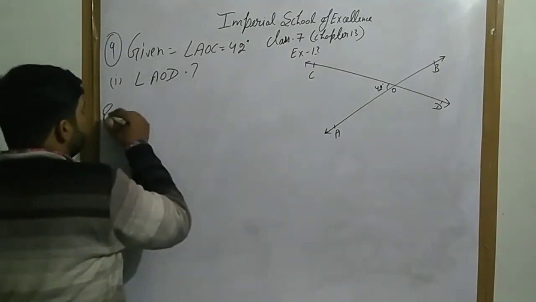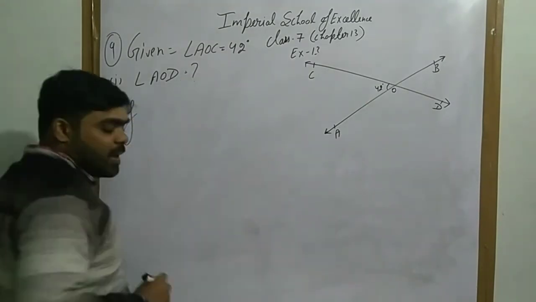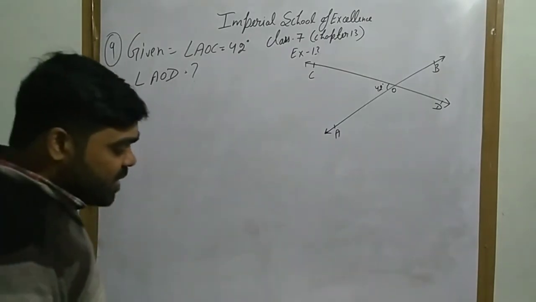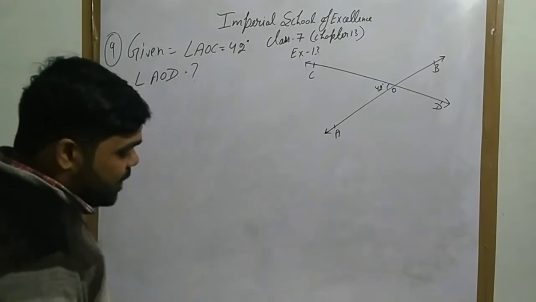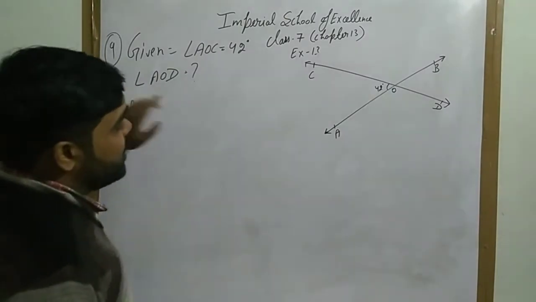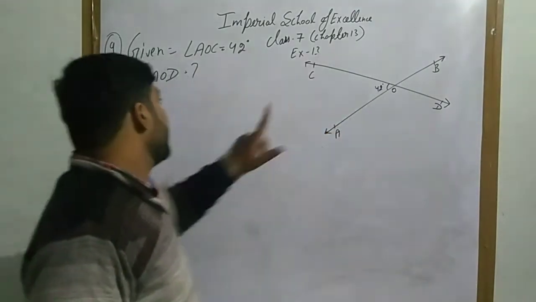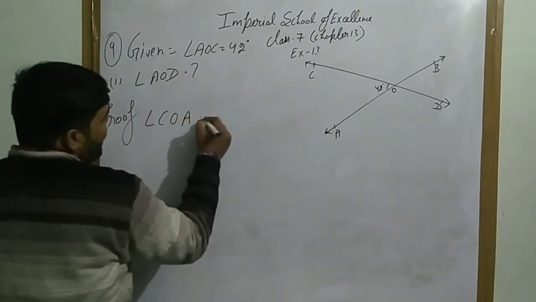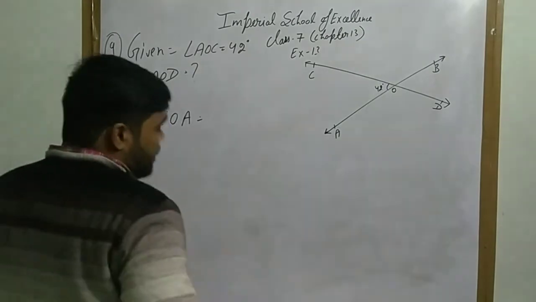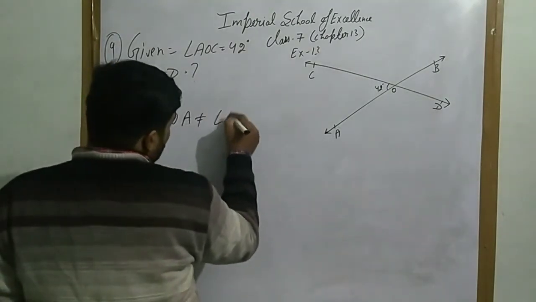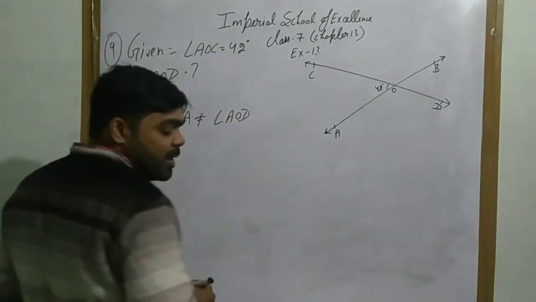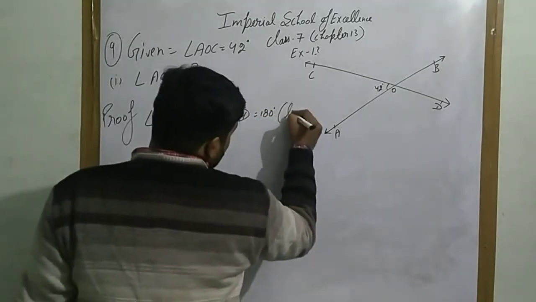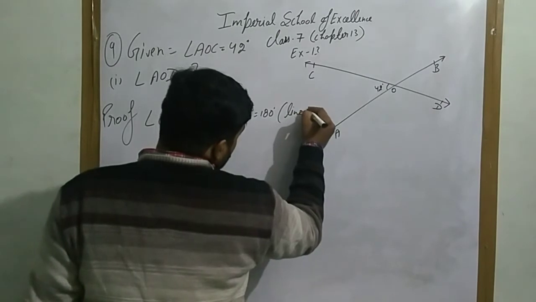Proof. Now see, angle COA plus angle AOD will be your linear pair, equals 180 degrees. Write in bracket, linear pair.